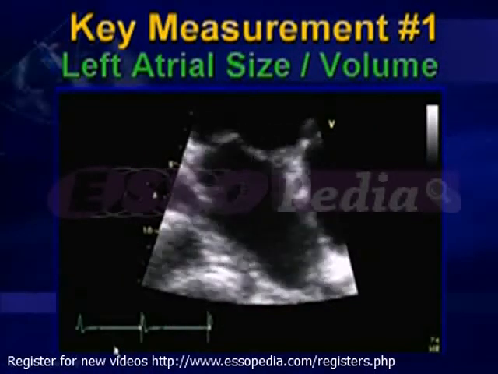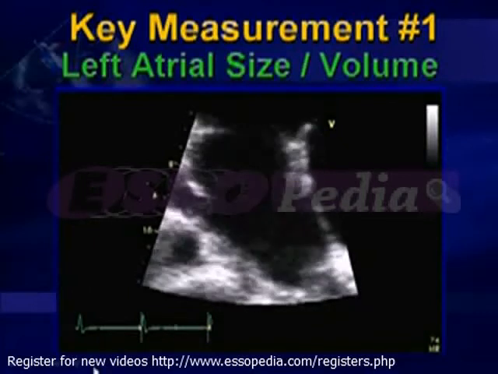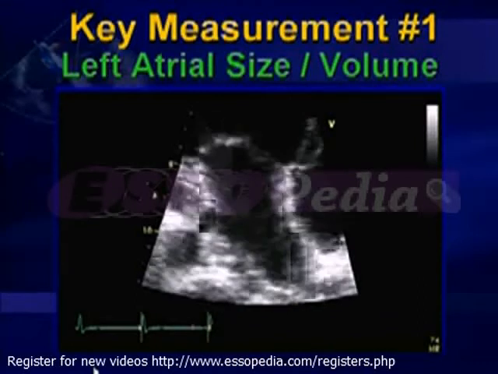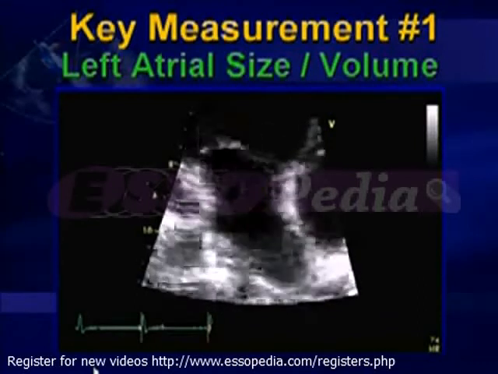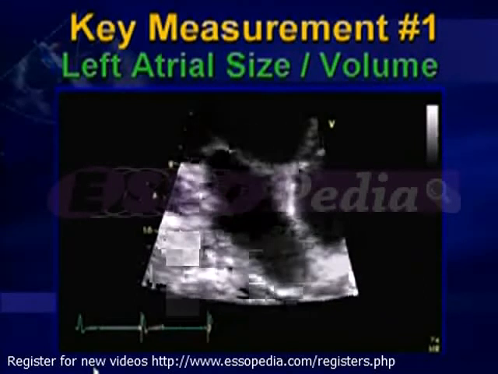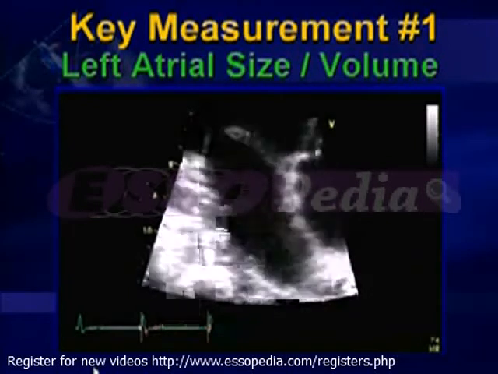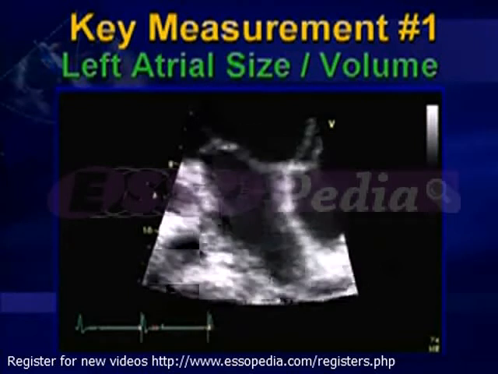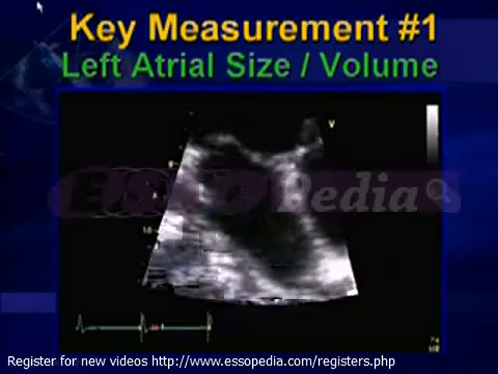So key measurement number 1 is this volume-based measure of left atrial size. This is key measurement number 1 because for the most part this gives us insights into the chronicity of elevation in LV filling pressure, and 2, helps to characterize global cardiovascular risk.